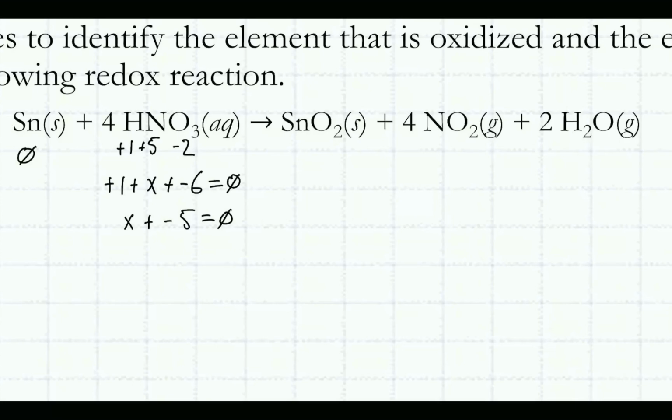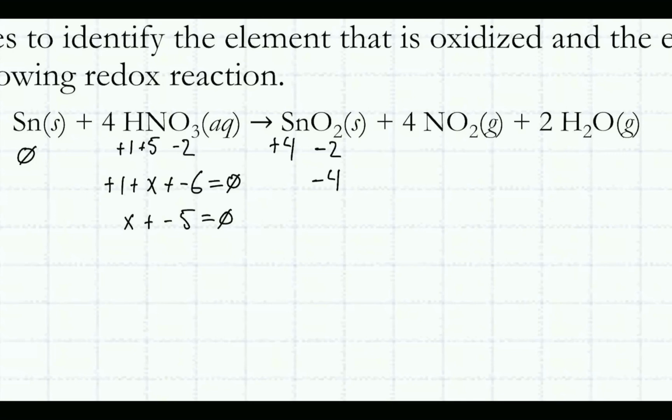Now in tin oxide, what's the charge? Or I guess which oxidation state do we assign first? Oxygen. So oxygen's -2. What is tin? +4. Because there's 2 oxygens, so -4, so this has to be +4.